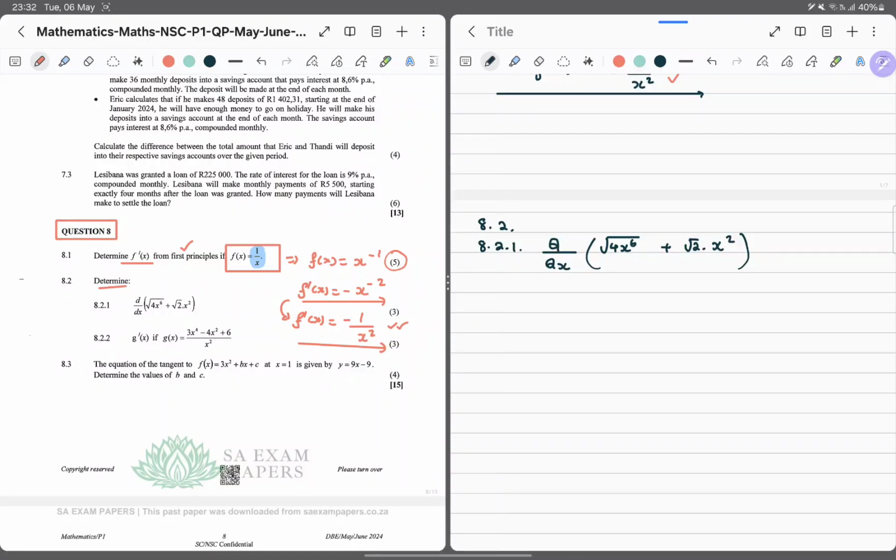All right, great stuff. So this implies that we're taking the derivative with respect to x of, remember, we cannot differentiate when the variable with respect to which we are differentiating is under the square root sign, or when it is in the denominator.